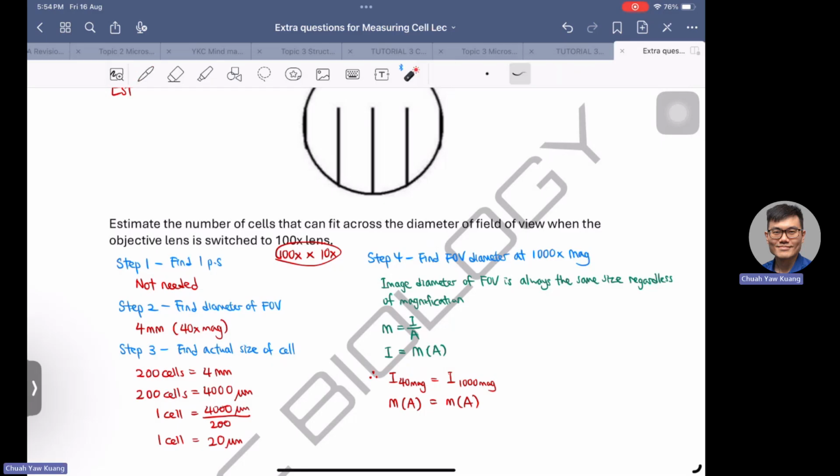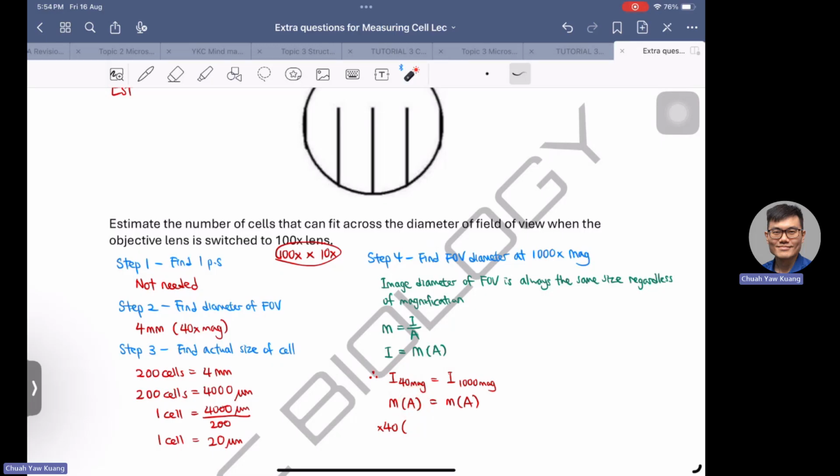On one side, the magnification is at 40x. So at 40x magnification, what is the actual diameter of the FOV?